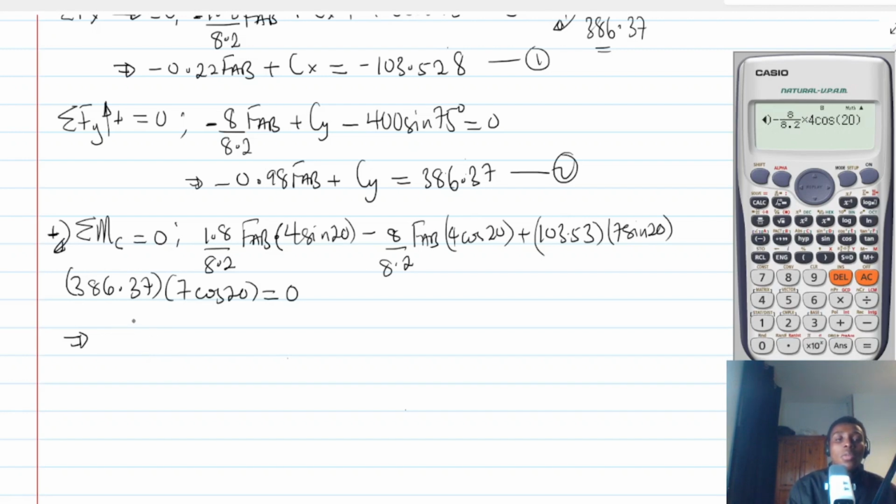So minus 3.367 FAB. And then let's combine this and then this. You know, this one is plus. What do we have? So for that one, it's going to be 103.53 multiplied by 7 sine 20 plus 386.37 multiplied by 7 cosine 20.